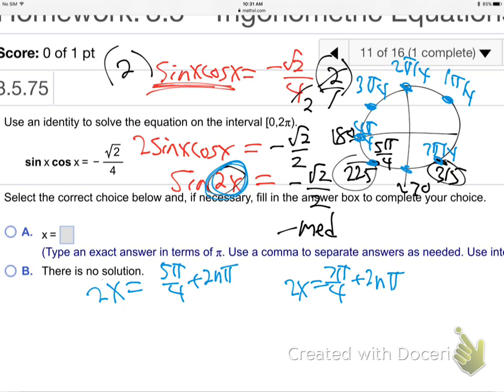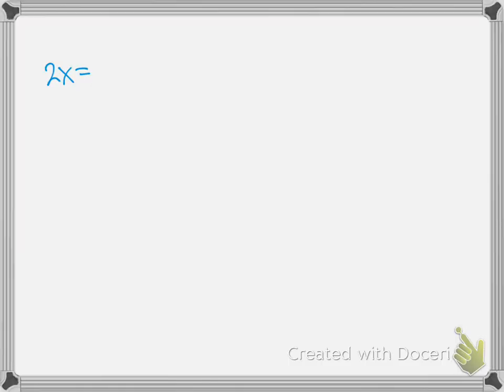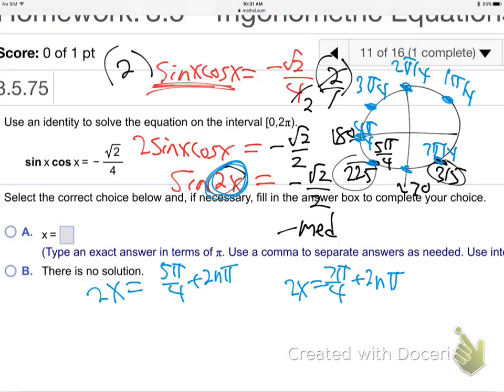You have to write 2x equals, and then you have to add the 2 n pi there. Remember all that? I'm going to go to a fresh screen. This one's not done. So 2x equals 5 pi over 4 and 7 pi over 4, plus 2 n pi. Good, everybody good to there?